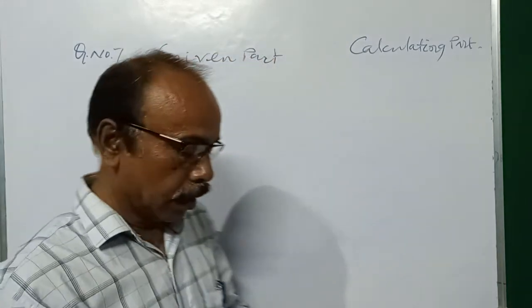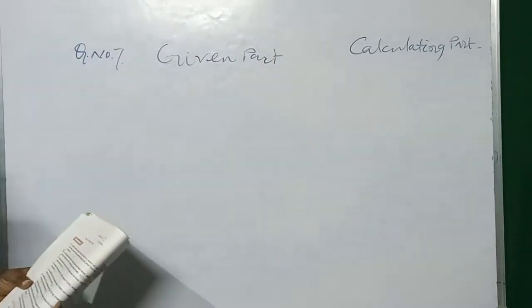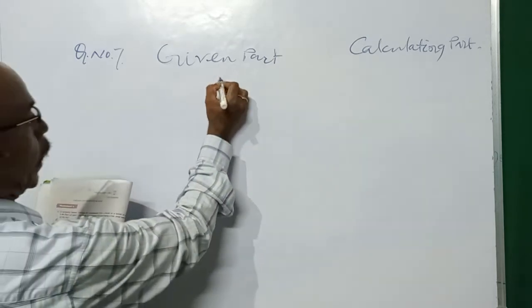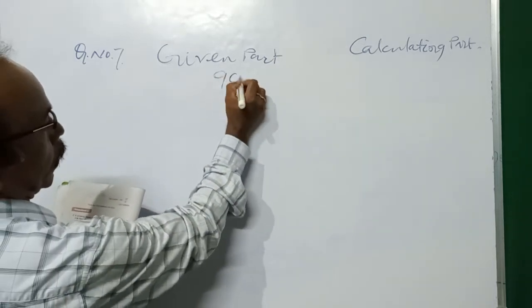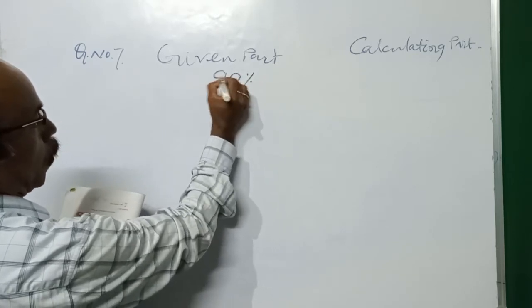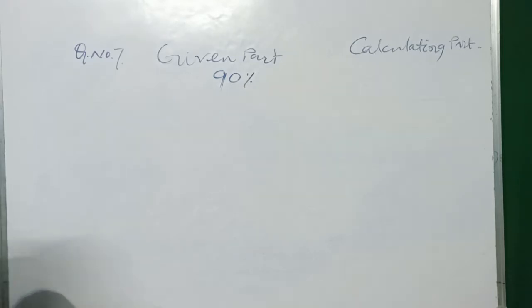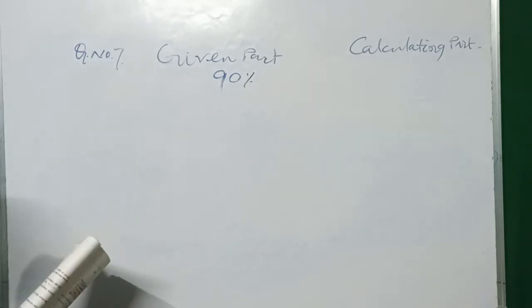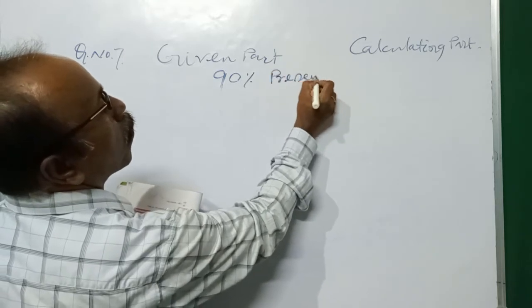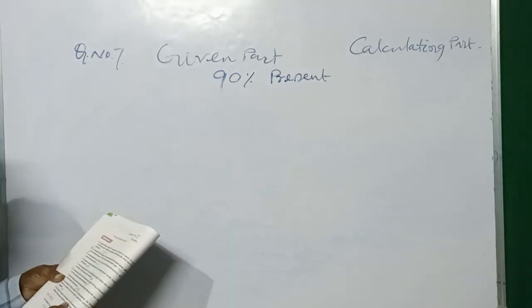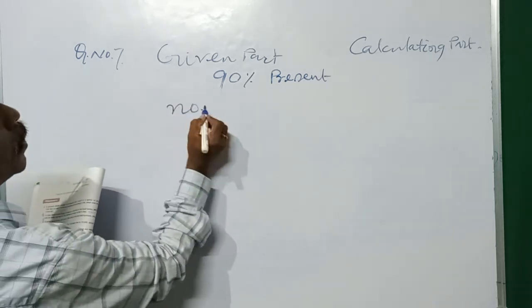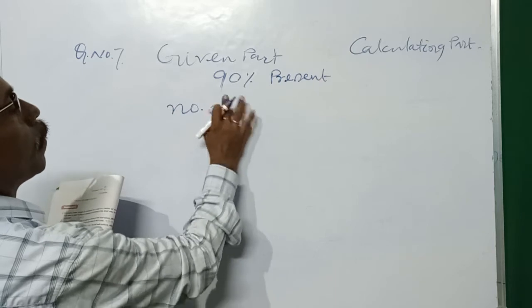My dear student, you see, Rohan's birthday party, 90% friends came, 90% present. Am I clear? Next, 3 friends.